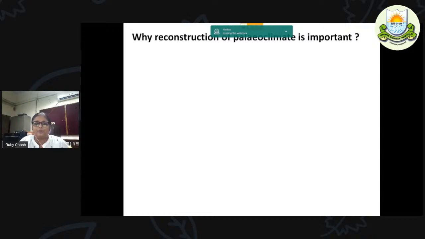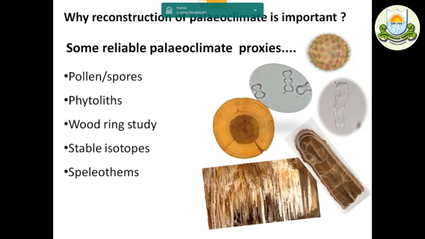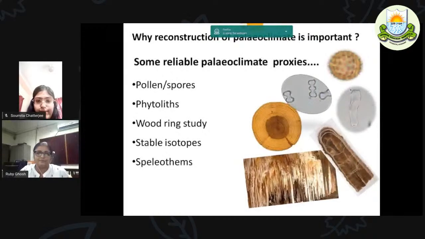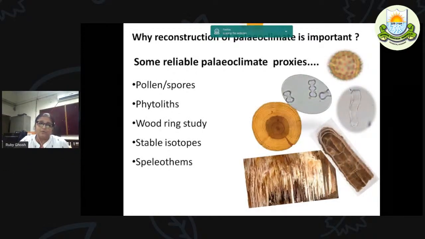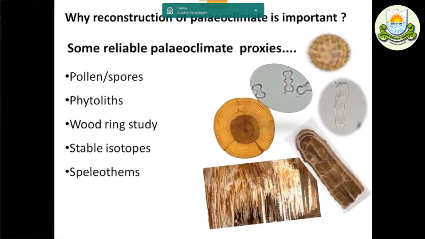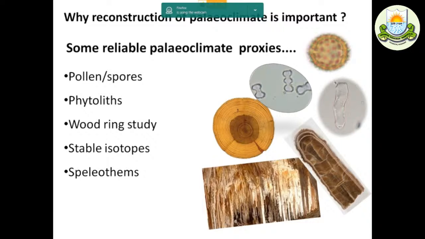Now, the paleoclimate proxies. I will give you a glimpse of the conventional paleoclimatic proxies like pollen and spores, which have long been used, tree ring studies, stable isotopes, and speleothems. All of these are very important paleoclimate proxies which are being used by researchers all over the globe.